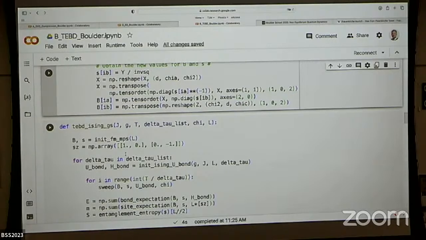In this TEBD algorithm that I've put up there, the SVD is the most expensive part, but it's not really expensive. It just takes a few seconds for a few thousand by few thousand matrix. Then you have to do it for every cut. So you do it for this cut, you get here gamma lambda, and then you do it sequentially over and over again.